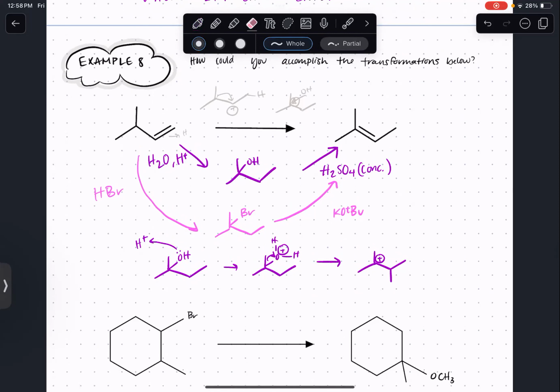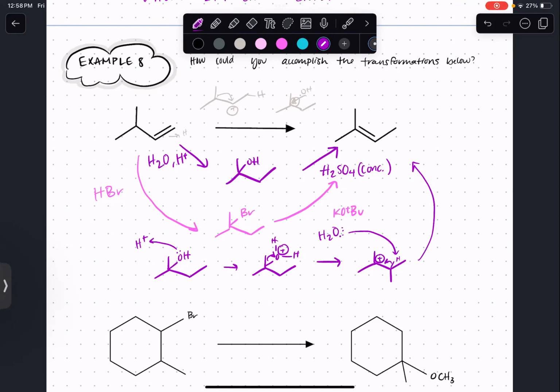So now we have H2O, right? This will then pull off a hydrogen. So we have a hydrogen here, that'll pull that off. And that's how we can get up there.